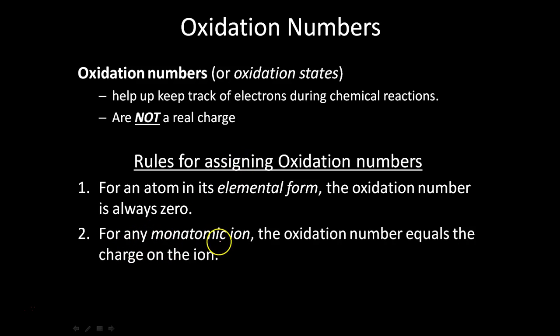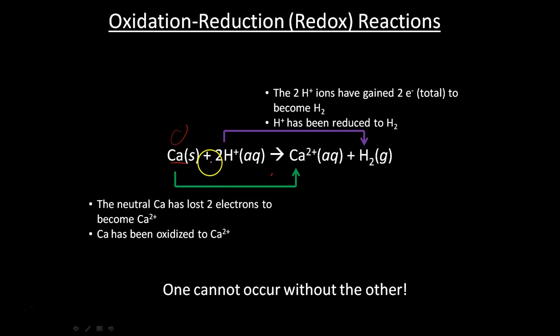Second, for any monatomic ion, the oxidation number equals the charge on the ion. That also dictates what this first example was, because these are monatomic ions. They have H+, so their oxidation number is +1.